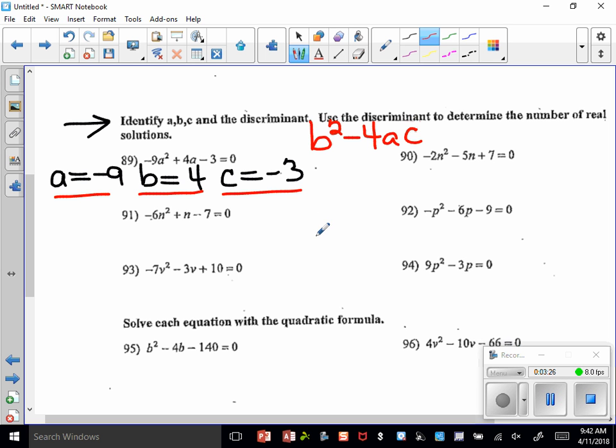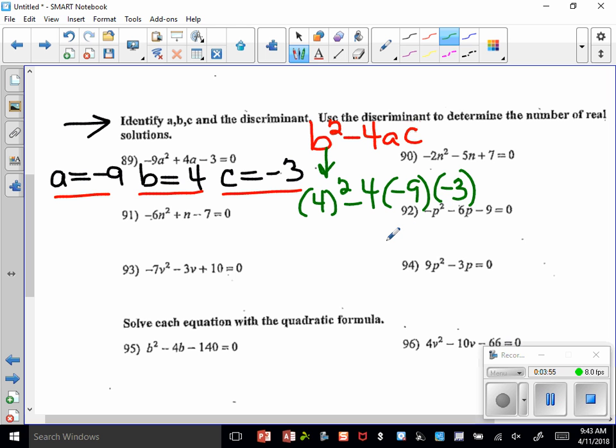The b term is 4, so we're going to say parentheses 4 squared, minus 4 times the a term in parentheses -9, times the c term in parentheses -3. You must use parentheses, guys, even for this b squared term. All the substitutions must be in parentheses.